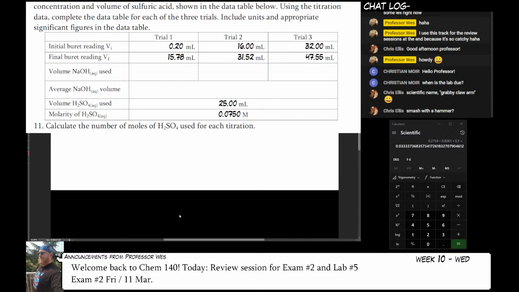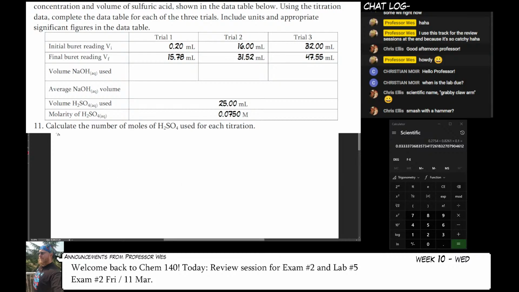Sorry, give me just a second here. All right. I now have this ginormous document that's going to slow my computer down inevitably, but that's okay.